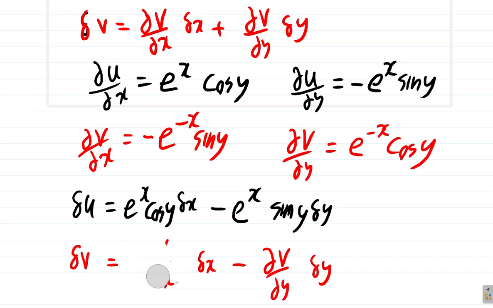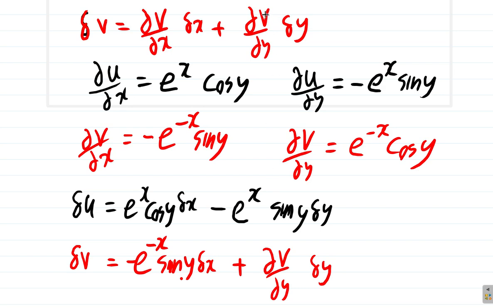So what we get here then is minus e to the x sin y. You see that? Then here, oh, why did I write a plus? Minus here is a plus. See here now. My mistake.